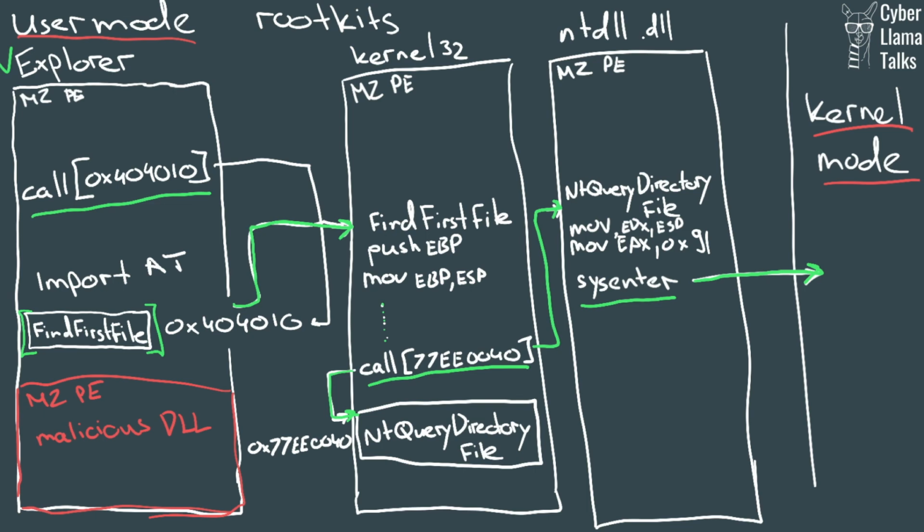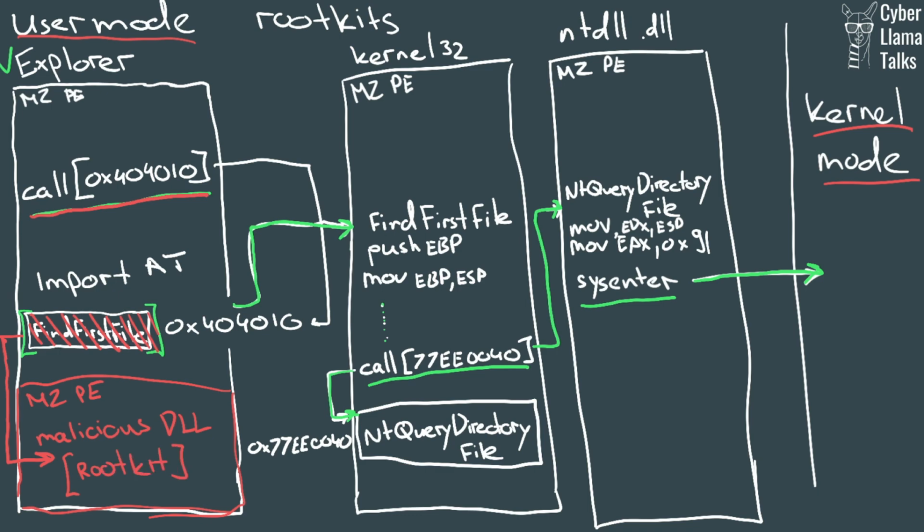What this DLL can do, first of all, the easiest way, is to override the value inside the import address table. In this case, when this call instruction looks up the value, instead of the value inside kernel32, it would be hijacked and the code will jump into the malicious DLL.